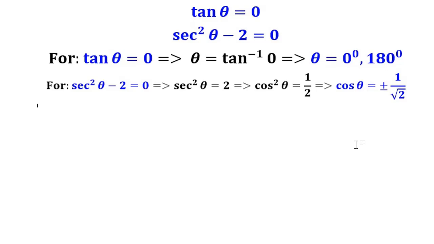That means cosine theta equals minus 1 over square root of 2 will be in the second quadrant, and cosine theta equals minus 1 over square root of 2 will be in the third quadrant. So that means we have solution in all four quadrants.